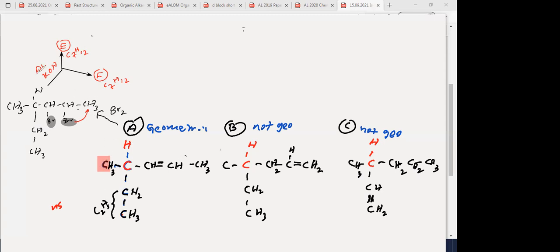Can you please highlight in the question dehydrobromination, put an arrow and write. Okay, if you want, I'll show the question here.